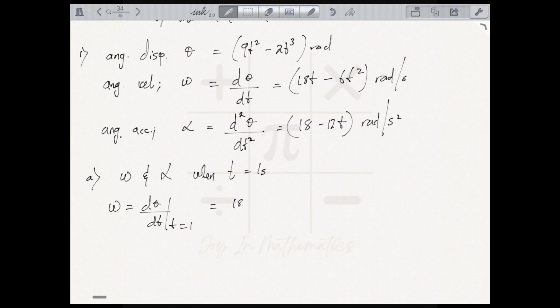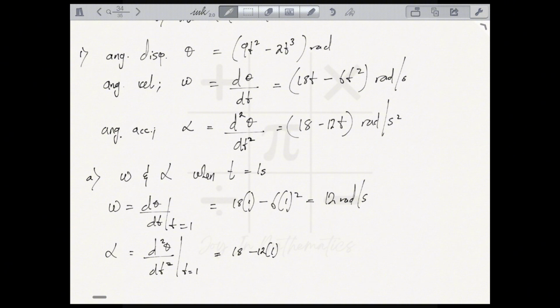Wherever we see t, we substitute 1: 18 minus 6 into 1 squared, and this will give us 12 radians per second. Now the acceleration, that is d squared theta over dt squared at t equals 1, gives us 18 minus 12 into 1, and this will give us 6 radians per second squared.